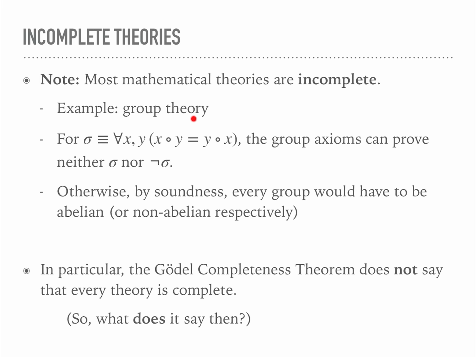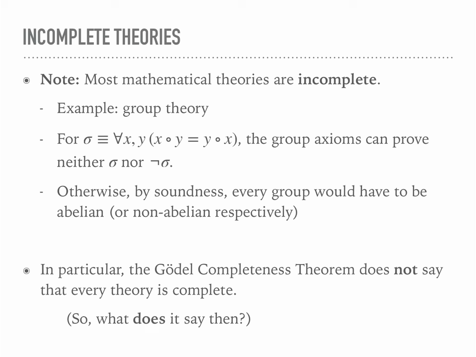So, for example, take group theory, and you take the sentence sigma that the group is abelian, right? The group axioms can prove neither sigma nor not sigma, right? Because if they could, then by soundness, every group would either have to be abelian or non-abelian, respectively, depending on whether it proves sigma or not sigma.